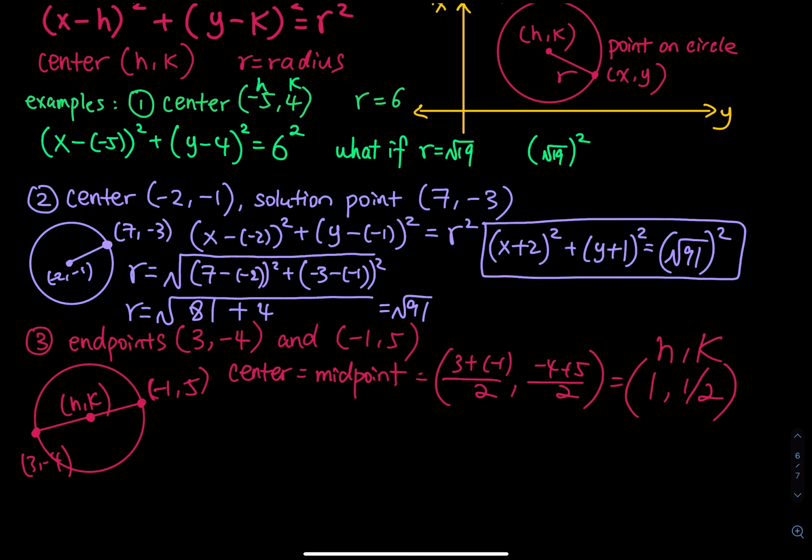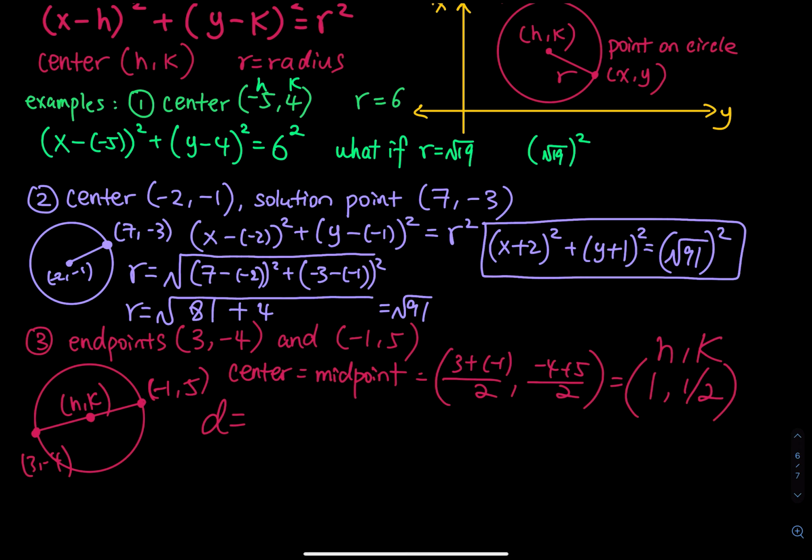And then how about the radius? I will use the distance formula to find the distance between the center and one of the endpoints. Another way is to use the distance formula to find the diameter and then divide it by 2. It's up to you. You will get the same number anyway. So let's use the diameter.